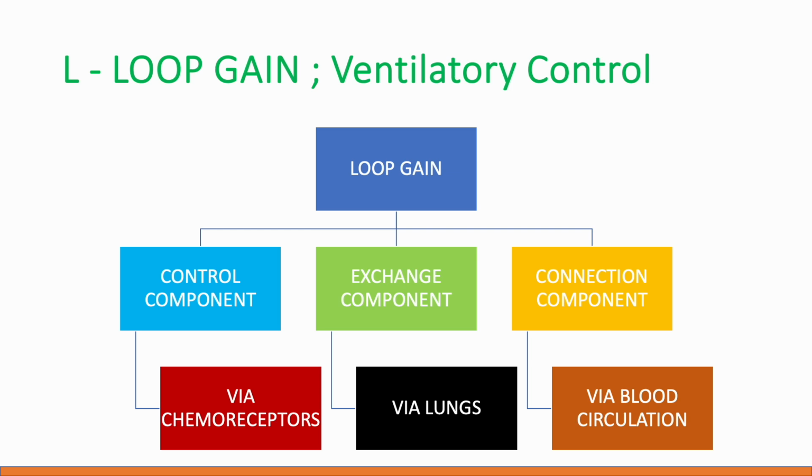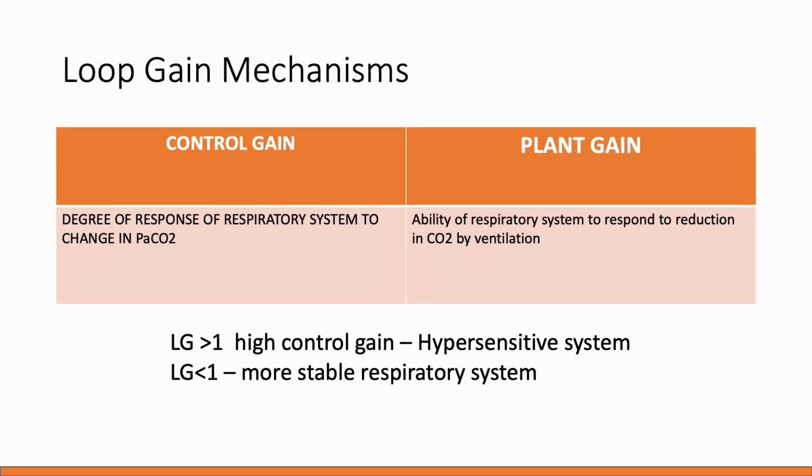Essentially, it revolves around partial pressures of carbon dioxide and how the ventilatory control happens in response to it. So either that can be affected because of the chemoreceptors, or through the exchange of carbon dioxide at the lung levels, or through blood circulation.